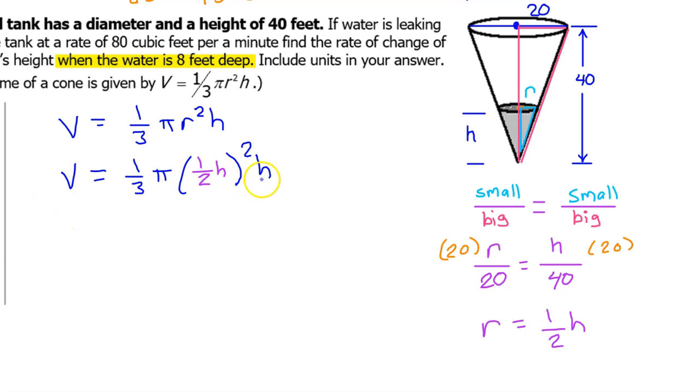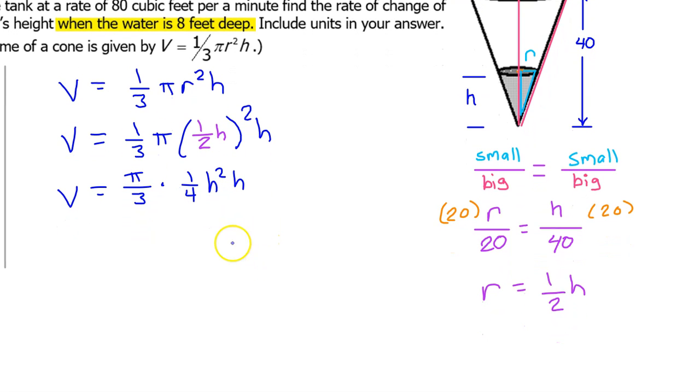Let's simplify this as much as possible before we differentiate. Again, I'm going to write this as pi over 3 instead of 1/3 pi. 1/2 squared is 1/4, so that's 1/4 h squared times another h.